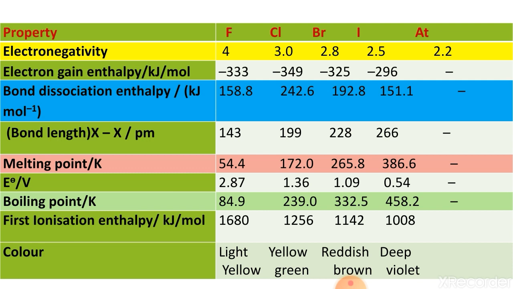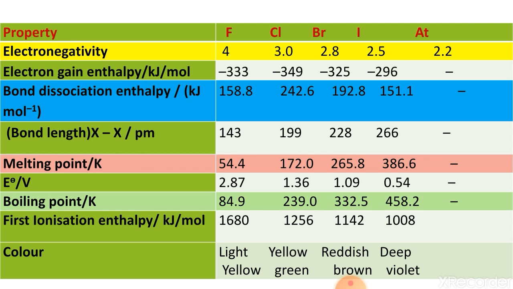Now students, next is bond dissociation enthalpy in kilojoule per mole. The bond dissociation enthalpy of fluorine is 158.8, chlorine is 242.6, Br 192.8, iodine 151.1. So Cl2 has the highest bond dissociation enthalpy, then Br2, then fluorine, and then iodine.